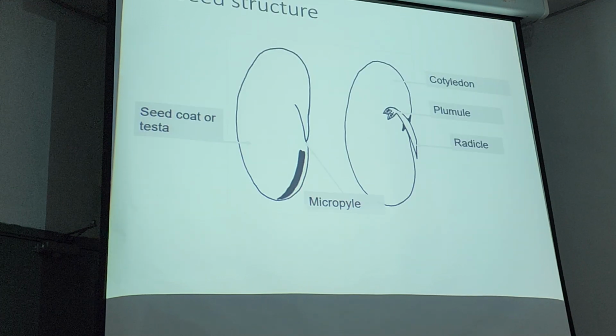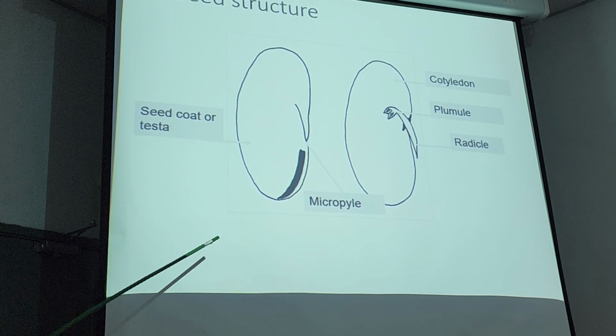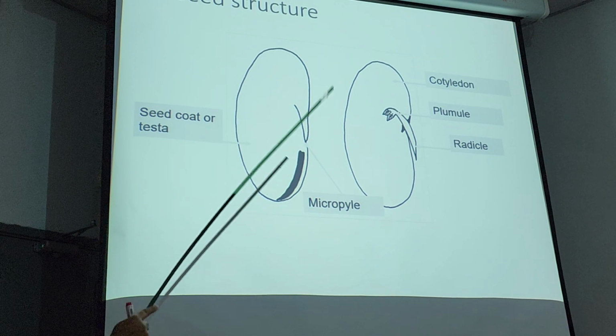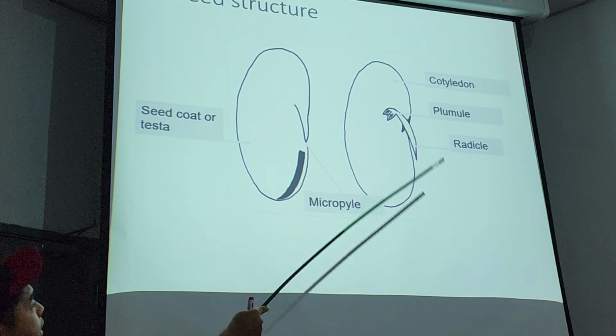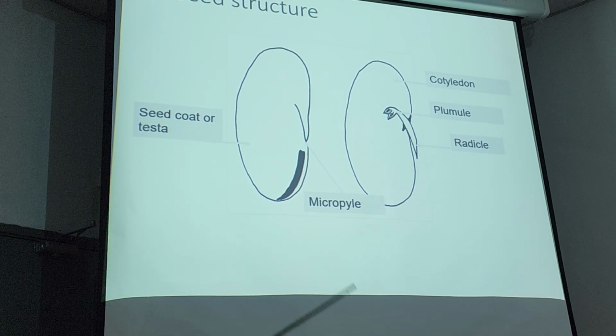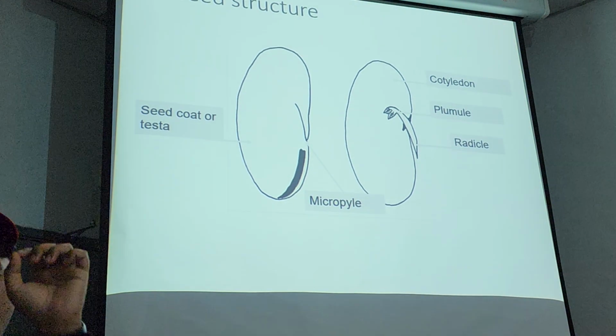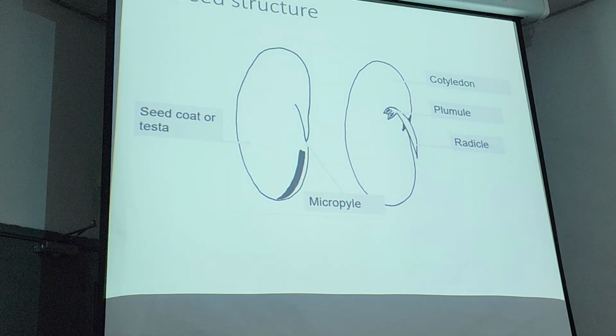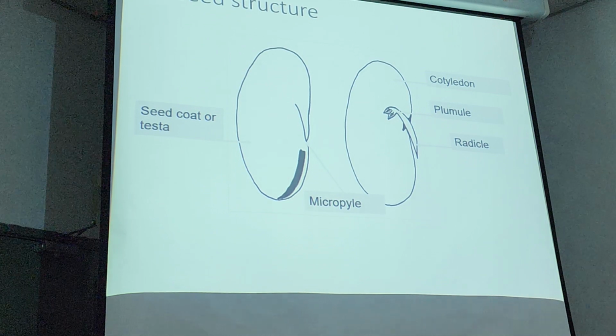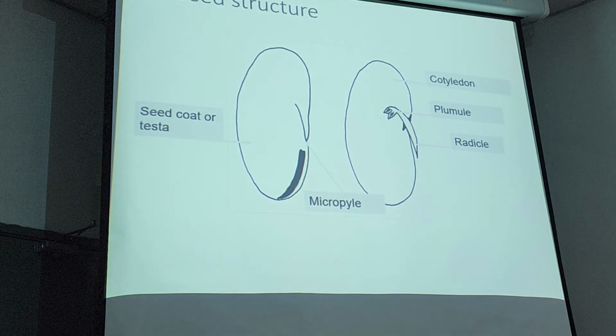So furthermore, the structure. Remember, you have your seed coat, which is the seed jacket or testa, cotyledon, plumule, radicle, and micropyle. If you look at your seed, there is a small opening, the micropyle, or the navel of a seed. You know navel? Your belly button.